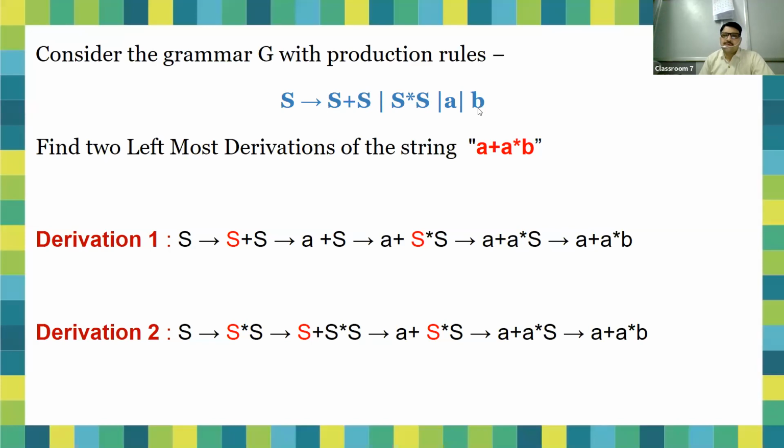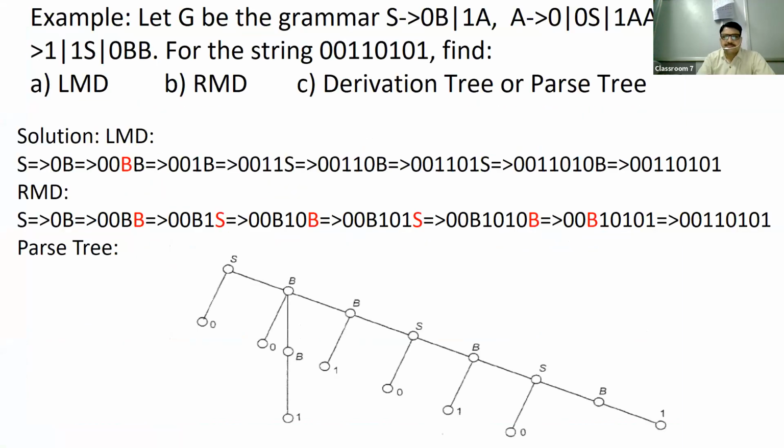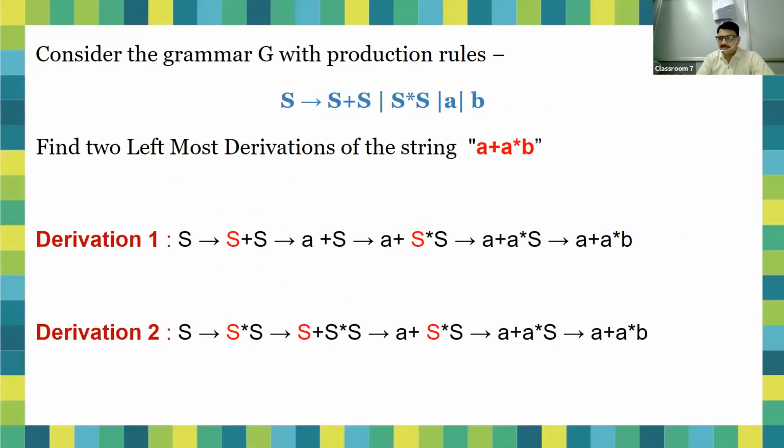Now find, आप नोट कर लीजिए, find LMD leftmost derivative, comma RMD rightmost derivative, and third is parse tree or the derivation tree for the string a + a * b.